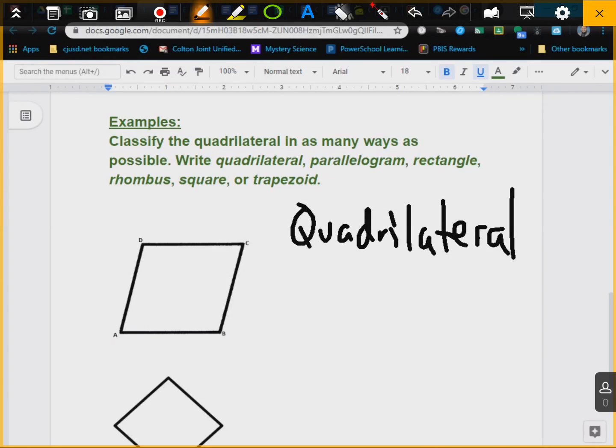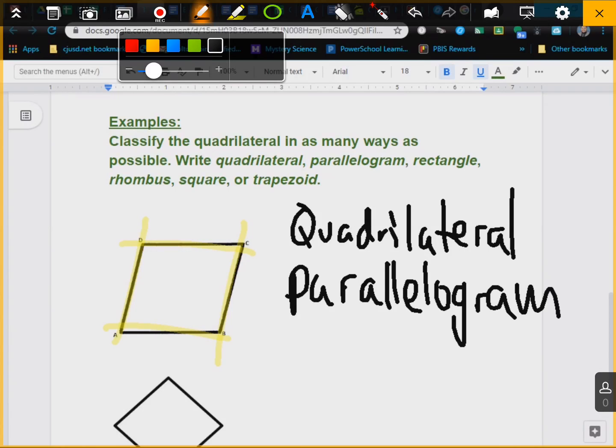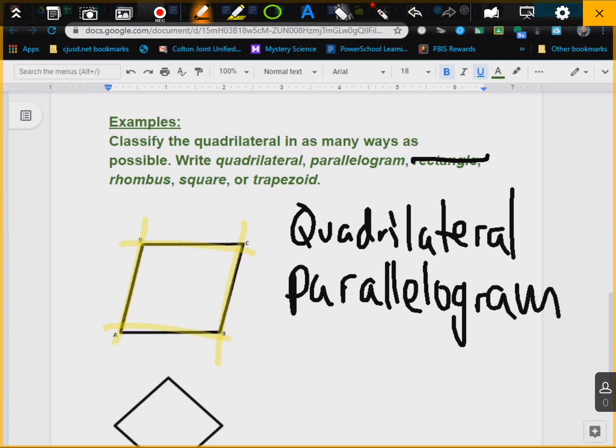This is also a parallelogram because the opposite sides are parallel, right? I see that these sides are parallel and these sides are parallel. Is it a rectangle? Well, no, there's no right angles, which means it's also not a square. Is it a rhombus?